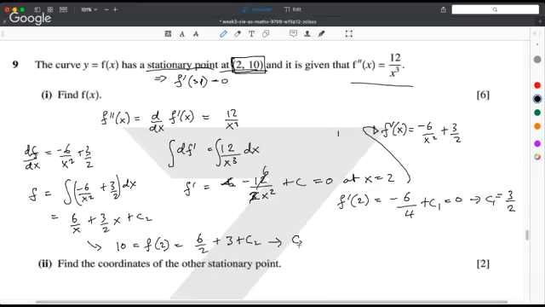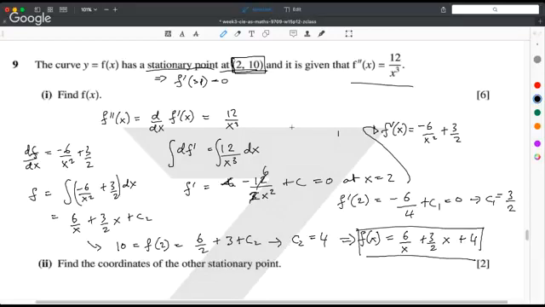So this gives us that c2 is equal to 4. And so finally our f of x is equal to 6 on x plus 3/2 x plus 4. So this was step 1. This was step 2.